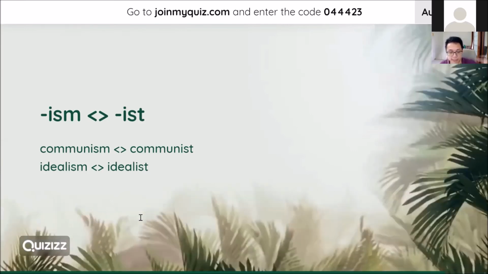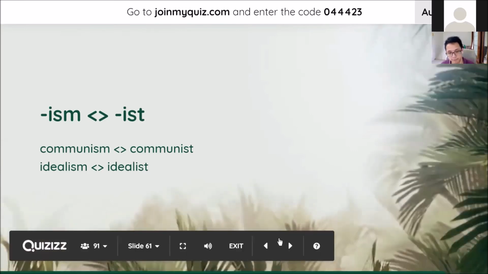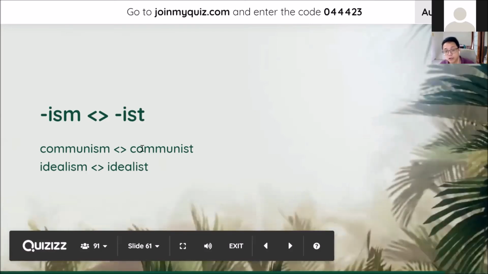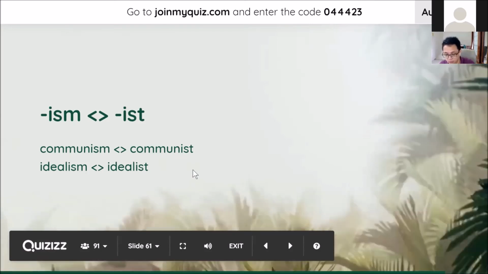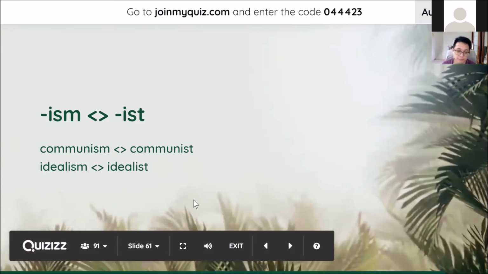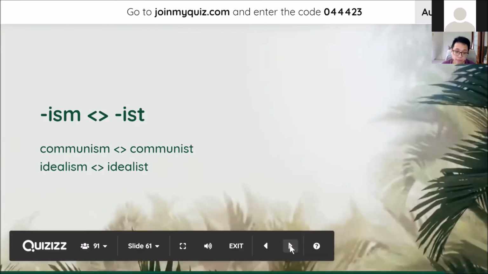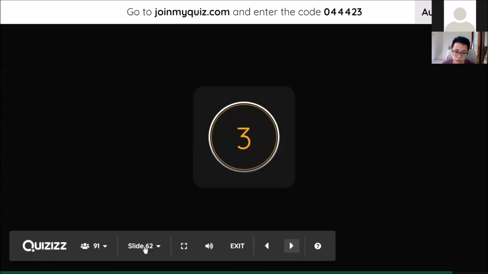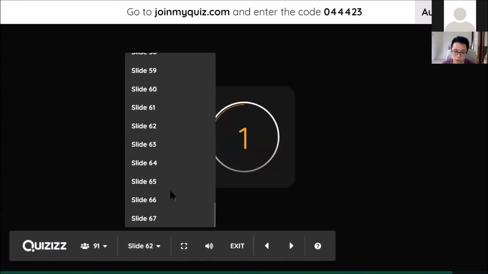The person who practices the idea or who has the idea. Okay, 这是共产主义, communist 是共产党的有共产主义的人. I'm gonna go quite fast in the last few sentences.